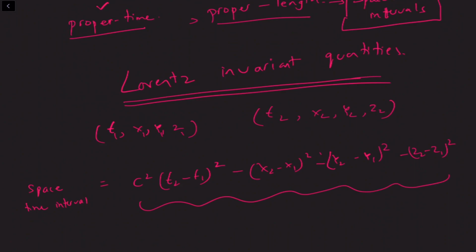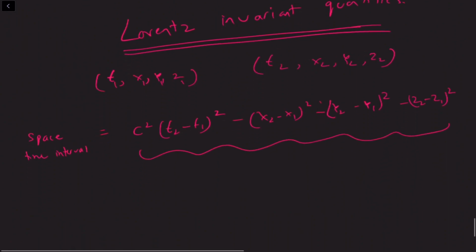Okay? So this will turn out to be a very powerful thing to work with, because now we know a quantity which is universal. All observers agree on the value of this quantity, no matter how they measure the space-time coordinates of any one particular point and any other particular point.